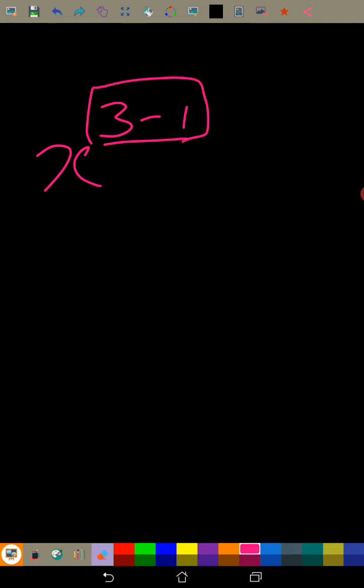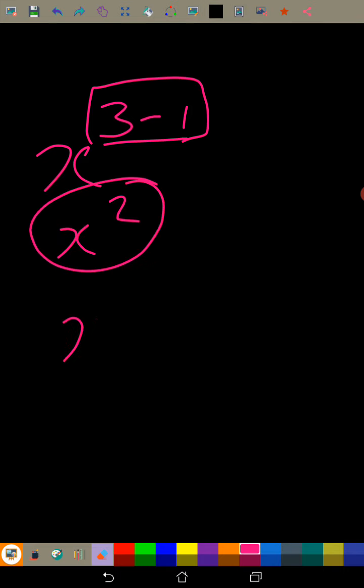And when you are going to differentiate, you're going to minus 1 from the power. So if you have half, you minus 1, you will get x to the power of minus half. So these are just simple arithmetic things you need to know when you are doing differentiation.